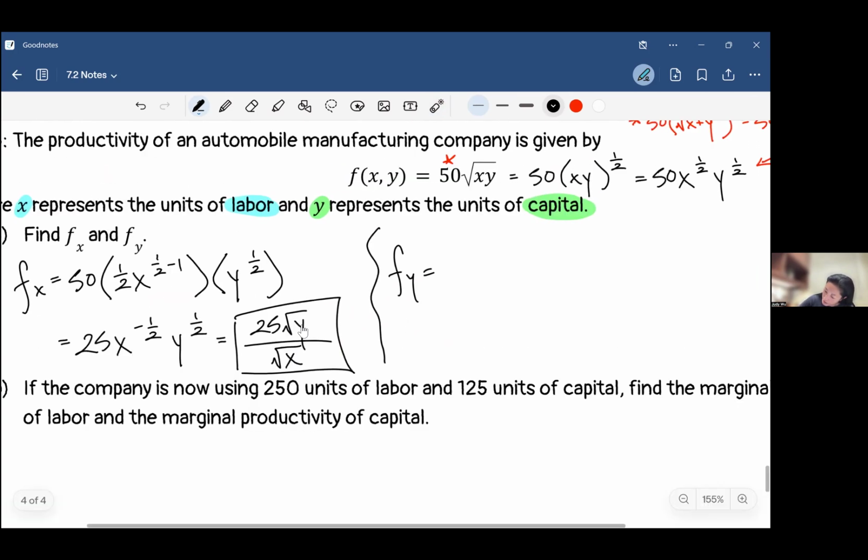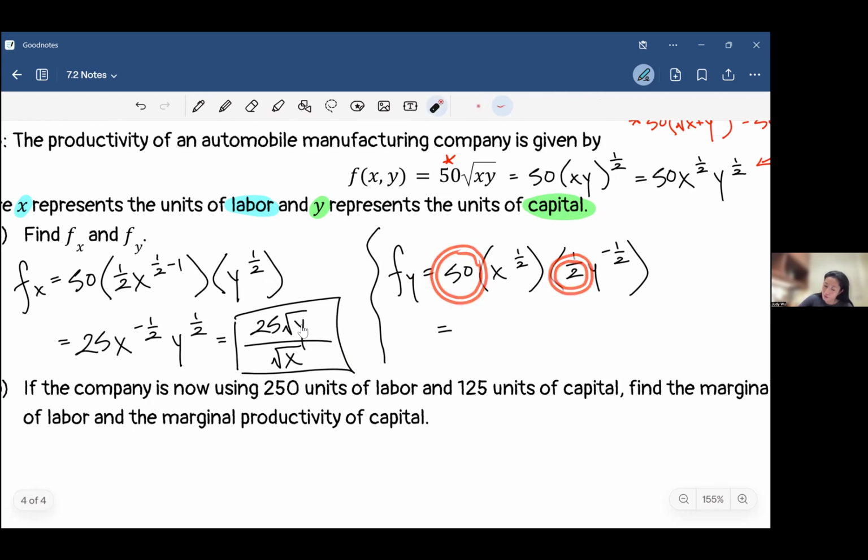All right. Keep the constant, use the power rule. And this, similarly, 50 divided by 2 is going to give us 25, x to the 1/2, y to the negative 1/2.